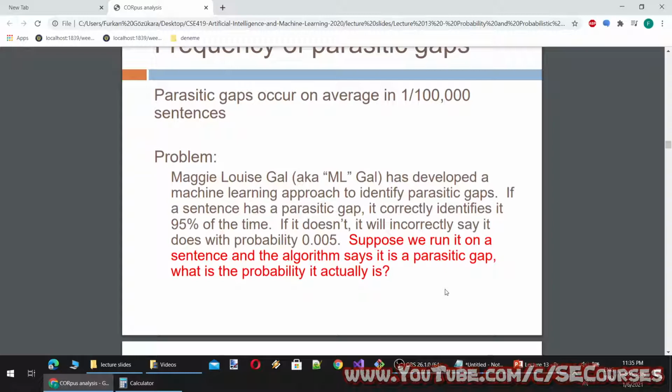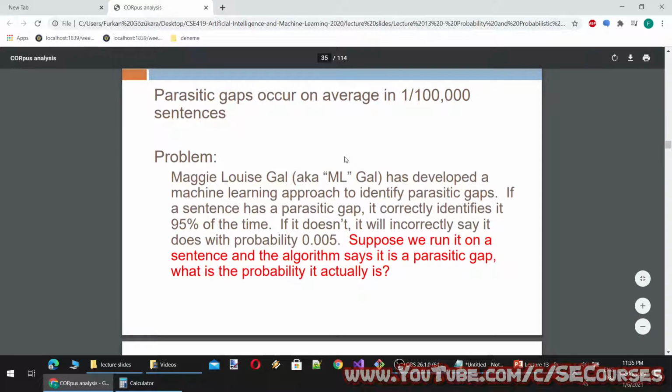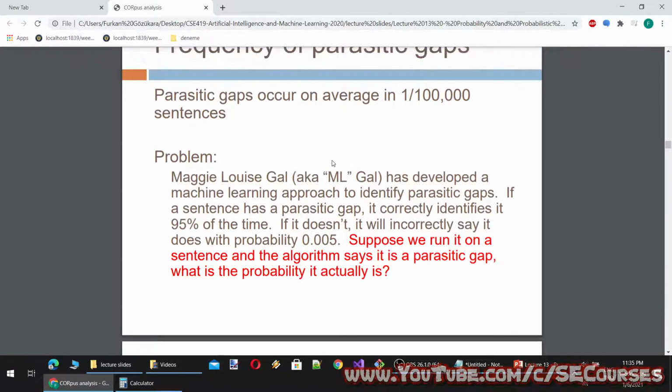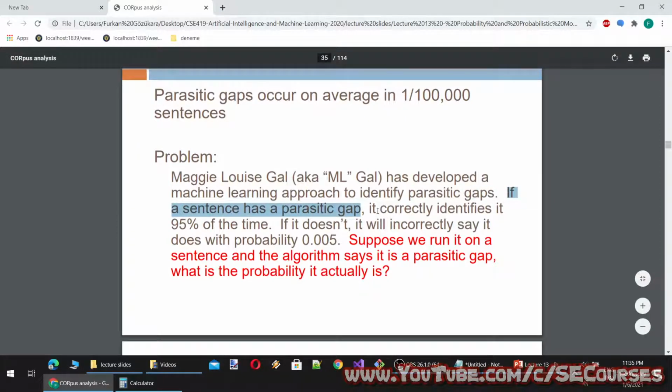Suppose we run it on a sentence and the algorithm says it is a parasitic gap. What is the probability it actually is? Okay, let's just try to think about this question. If a sentence has a parasitic gap, so this is the condition, it correctly identifies it 95% of the time.